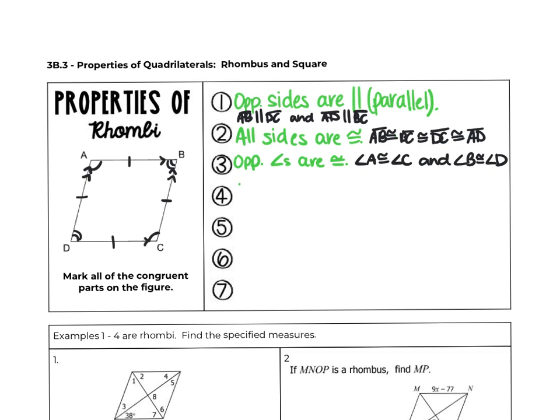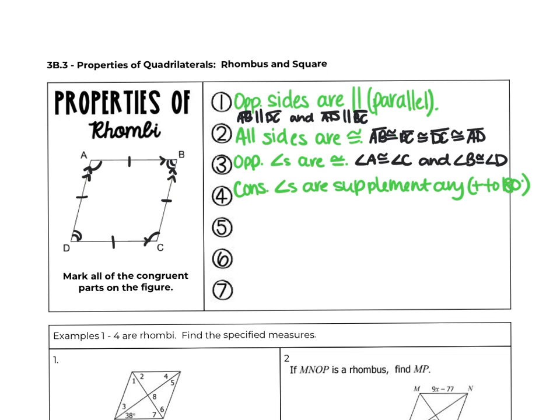Okay, consecutive angles are supplementary. And in case you don't remember that, that means they add to 180 degrees. All right, there's really not a way to mark this on our picture, but I'm just going to write it out in kind of an equation here, like you would do if you were doing a proof or something.